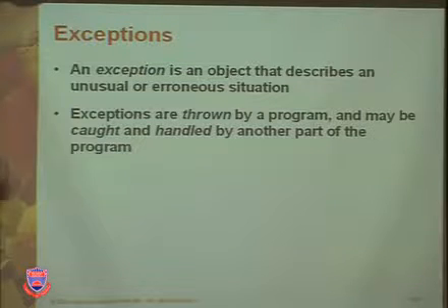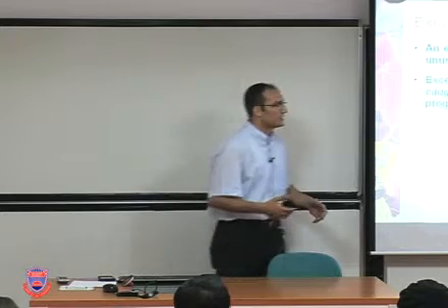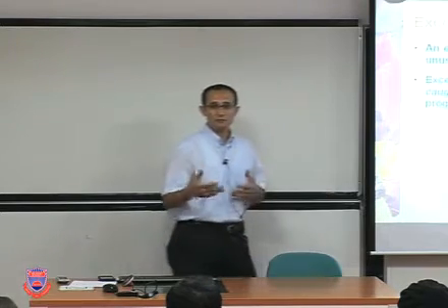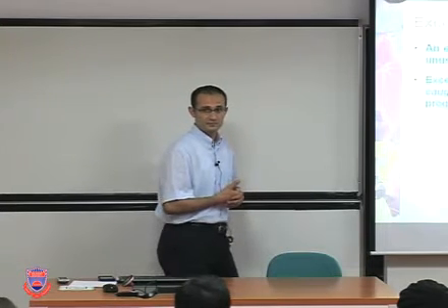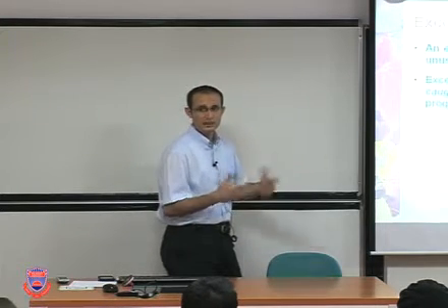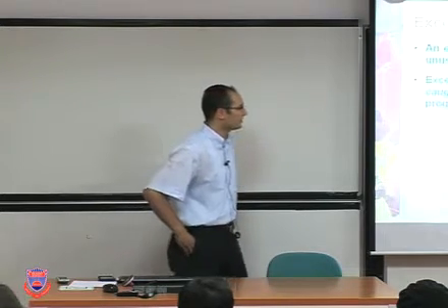And an exception can be thrown by a program, so there might be a problem in the program and the exception may be thrown, or you can throw it by yourself within the program whenever you think there's a problem. So the program either throws it, or you can explicitly throw the exception by yourself as well.